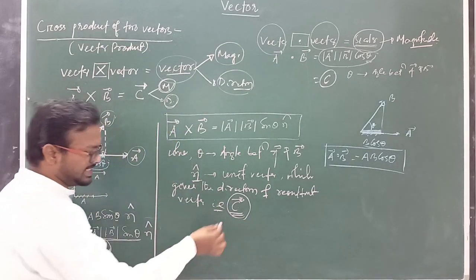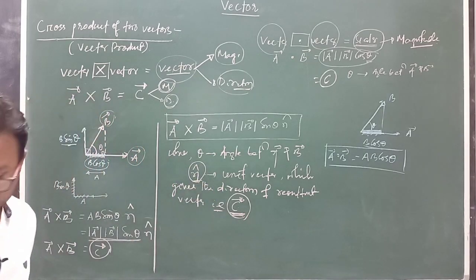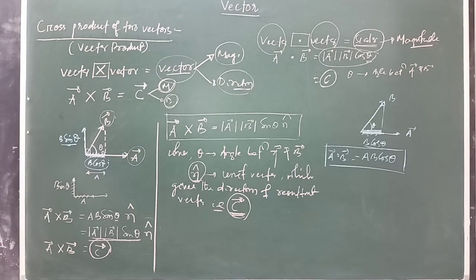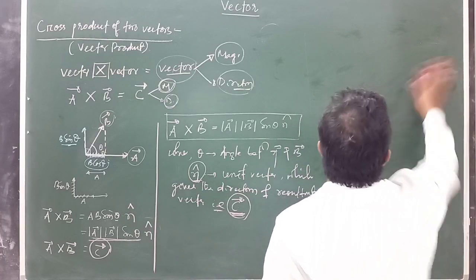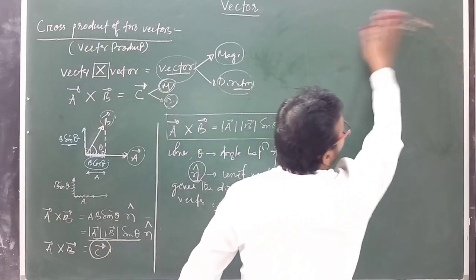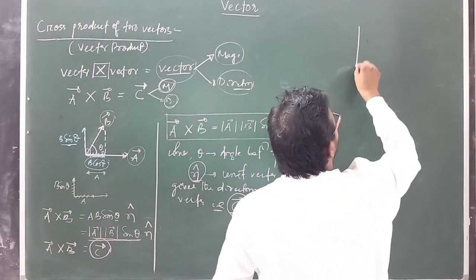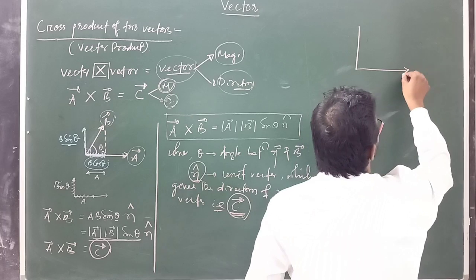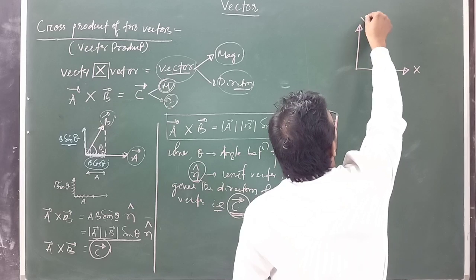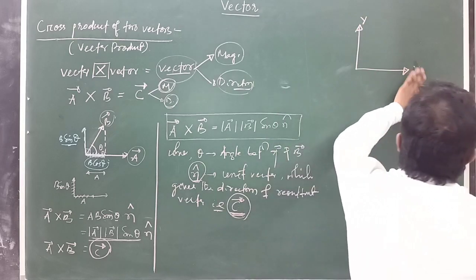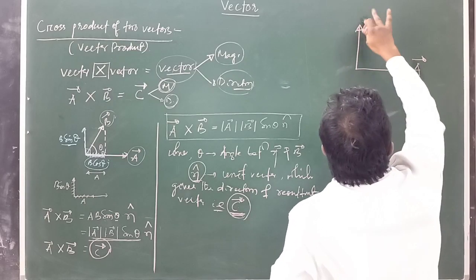If we want to find the direction of the resultant vector or unit vector, then we have to use the right hand palm rule. So what is the right hand palm rule? Look at this diagram. In the 3-dimension case, suppose this is the x axis and here the y axis, and this is vector A, and the second vector is B vector.